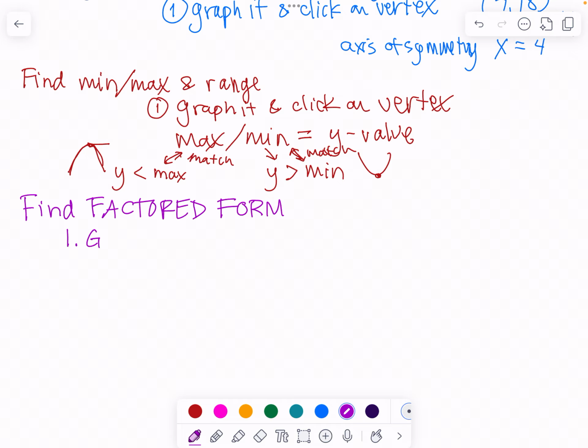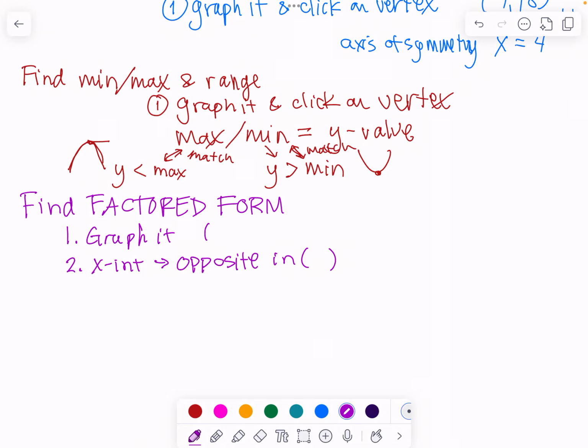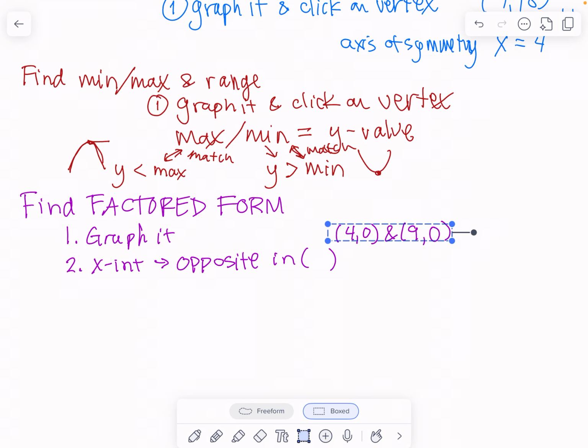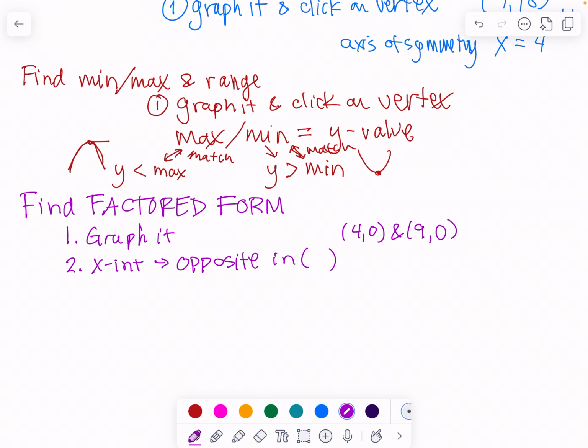Step 2, the x-intercepts, make them go opposite in the parentheses. So when we graphed it, we found out we had the points (4, 0) and (9, 0). And then this meant that we had x minus 4, and the plus 9 meant we had x minus 9.